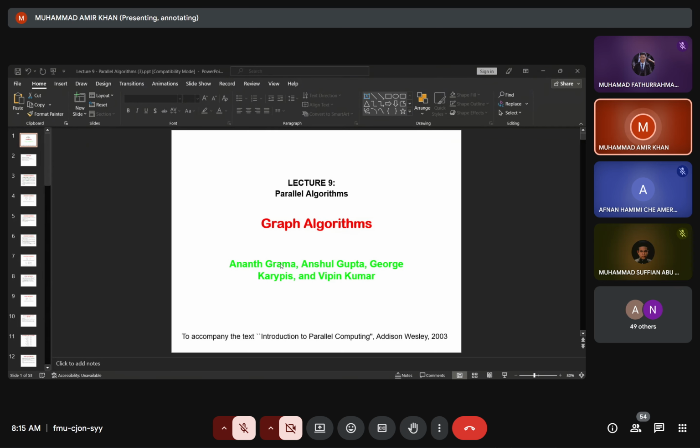So now we have a last chapter, the very last chapter, which is graph algorithms or parallel algorithms. In this chapter, we have like 5-6 types of algorithms, and I was thinking about how to teach you these algorithms in a simple way.